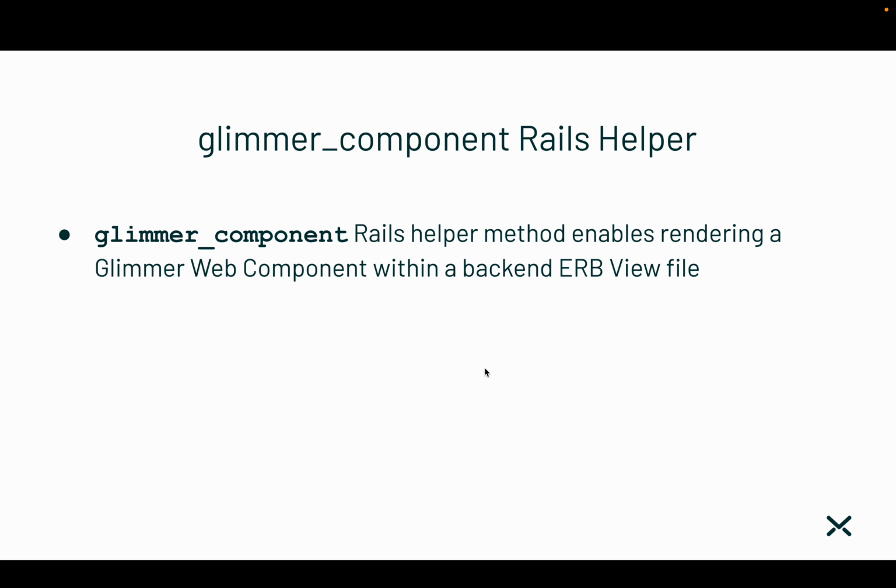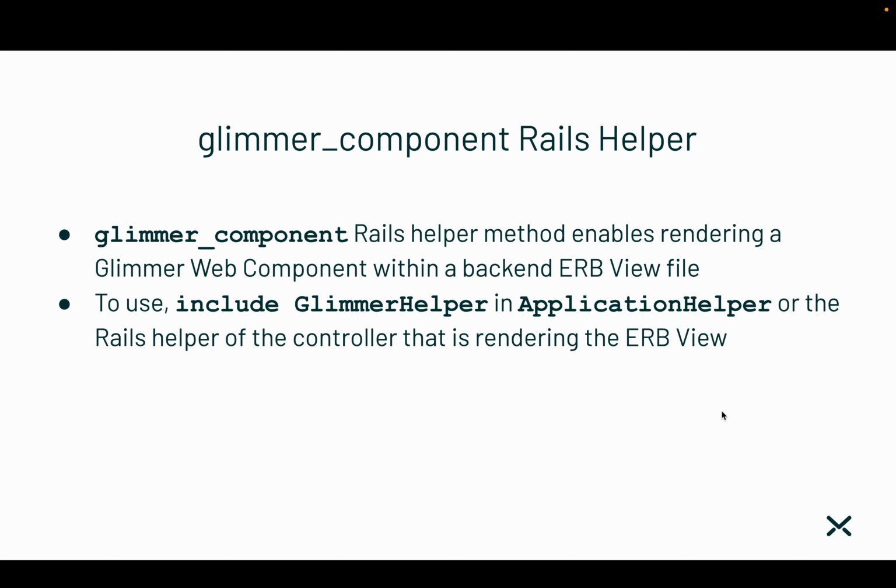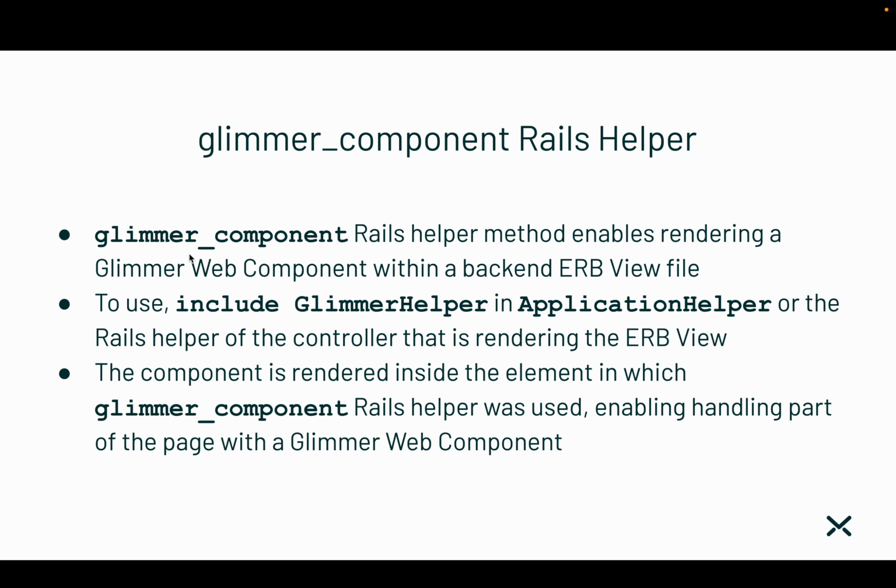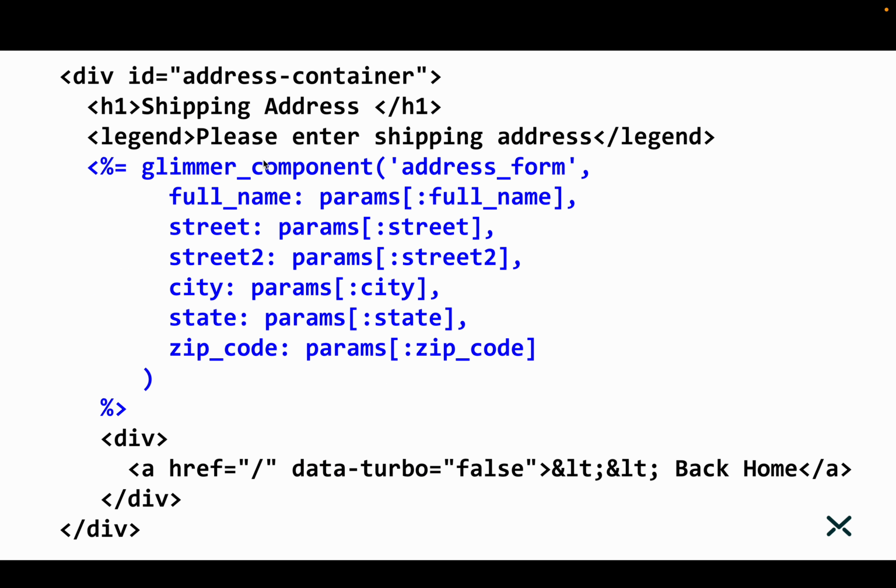Finally, this is the way to use components in Rails apps. In Rails apps, we usually call the Glimmer component helper, and basically you have to include Glimmer helper into application helper, and then it gives you this. And this works exactly like the React component helper that comes from the React library for Rails. I just give it the name of the component, the top level one for the page, and I give it attributes.